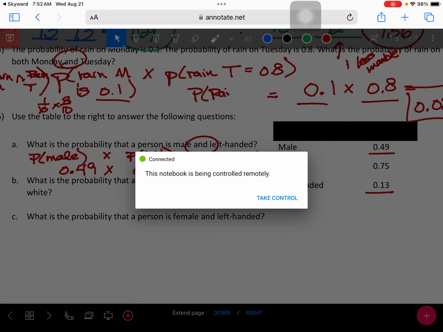So that is going to be the probability that they are male, which is 0.49, times the probability that they are left-handed, which is 0.13, times the probability that they are white, which is 0.75. Multiply all of those together on your calculator and tell me what you get.